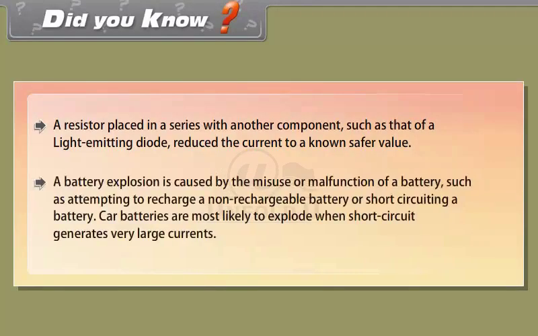A battery explosion is caused by the misuse or malfunction of a battery, such as attempting to recharge a non-rechargeable battery or short-circuiting a battery. Car batteries are most likely to explode when a short circuit generates very large currents.